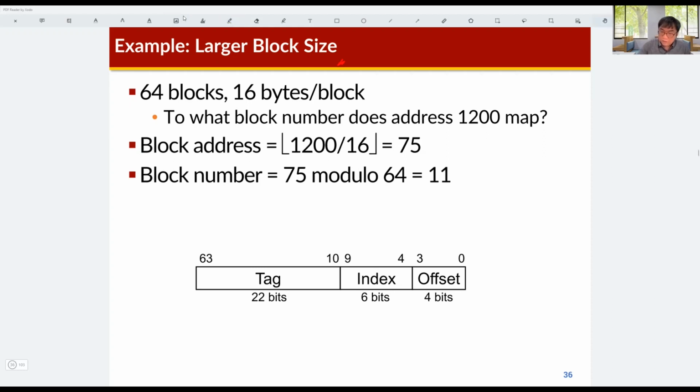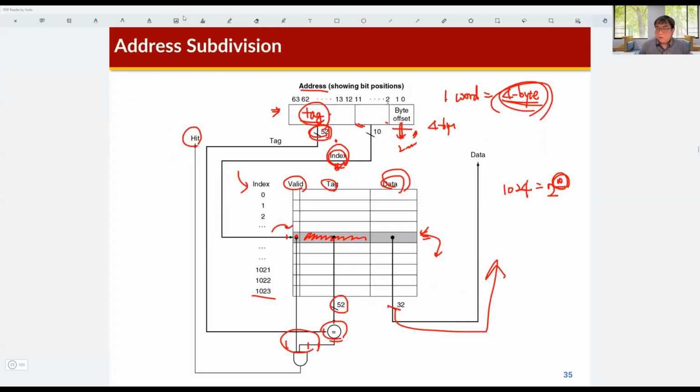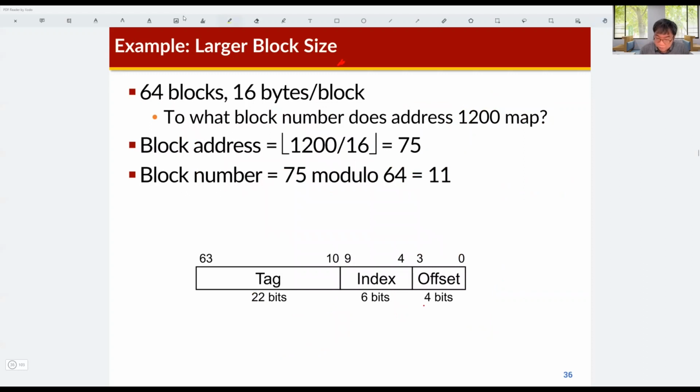In the previous example, the size of a single cache block is 4 bytes, so we just use 2 bits of the LSB as the byte offset. But in this example, the byte offset is 4 bits. So what's the size of a single cache block for this case?